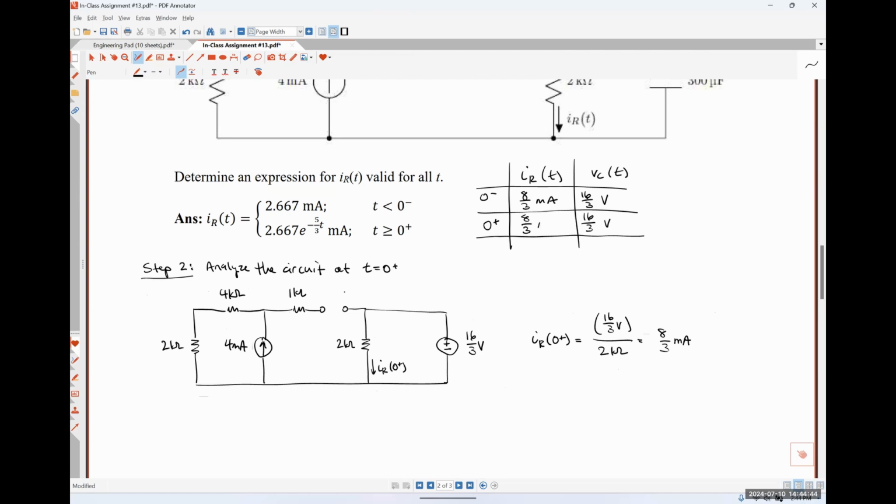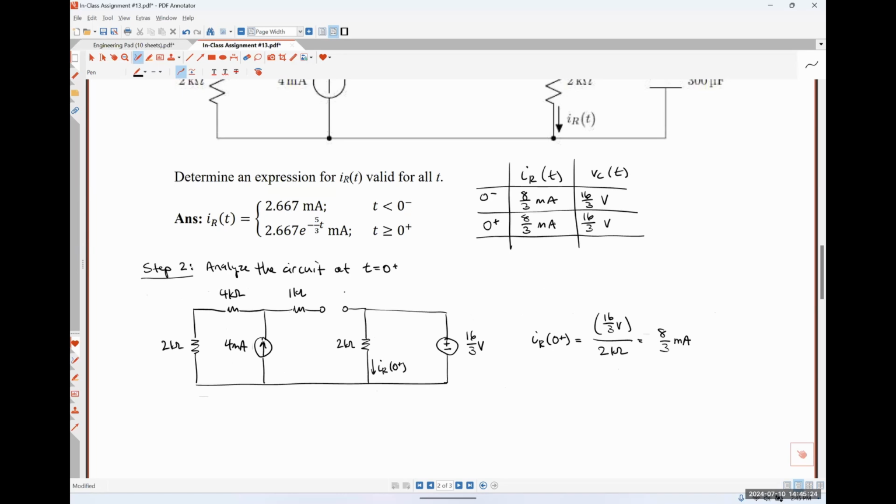So the current flowing through our resistor didn't change from 0 minus to 0 plus, because it's directly in parallel with that capacitor whose voltage literally cannot change between 0 minus and 0 plus. The current flowing through the capacitor and the resistor doesn't have to be the same at 0 plus as it was at 0 minus. Only the voltage drop across the capacitor has to stay the same in this particular circuit.